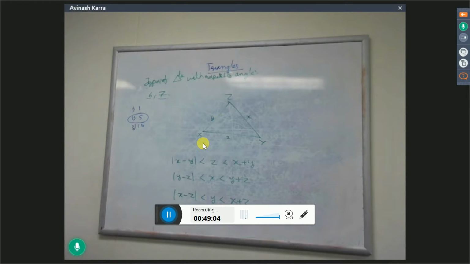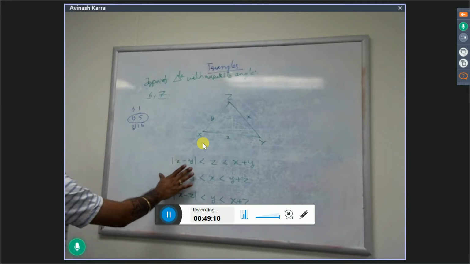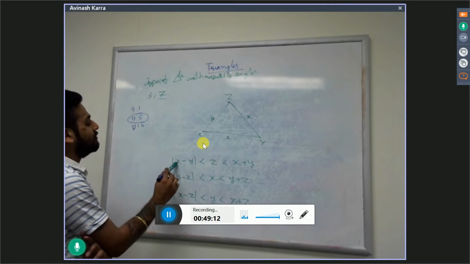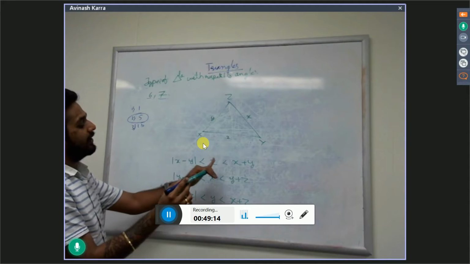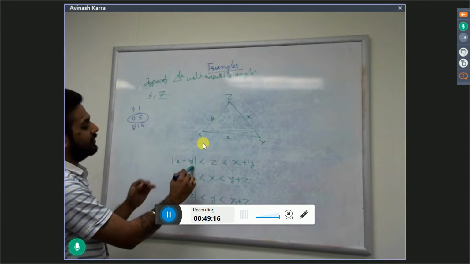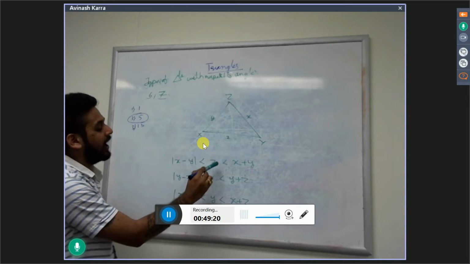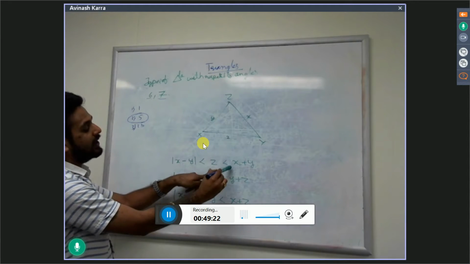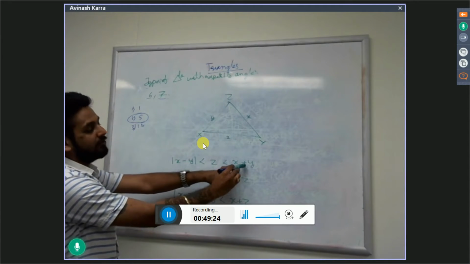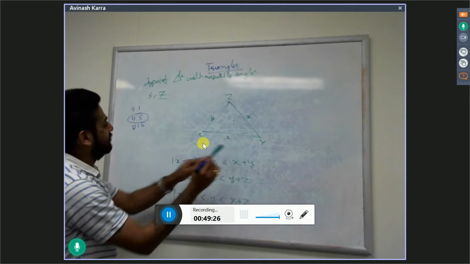Can you explain it? So, according to this formula, the difference of two sides will be less than the third side. The third side will be less than the sum of the lengths of the other two sides.